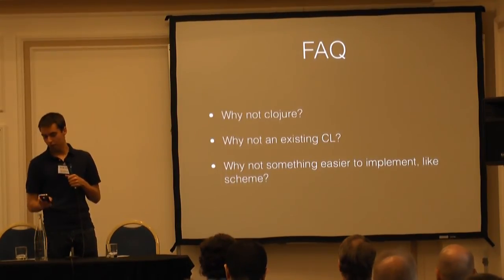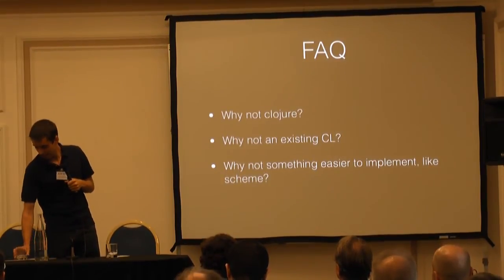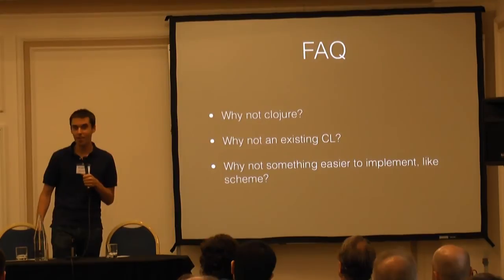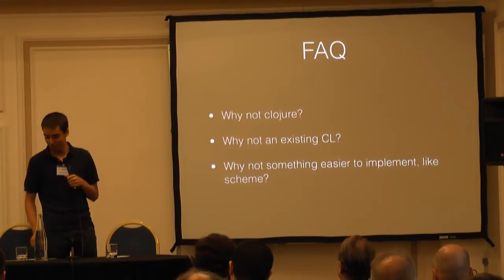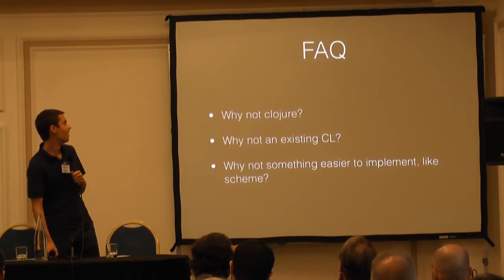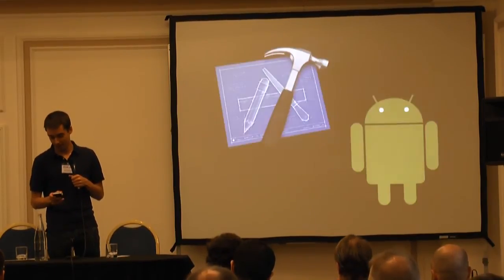Why not something easier to implement, like Scheme? That actually was probably a good idea. If I had known at the time that Common Lisp is as big as it is, not sure what I would have done. But here I am now, so it's kind of too late.